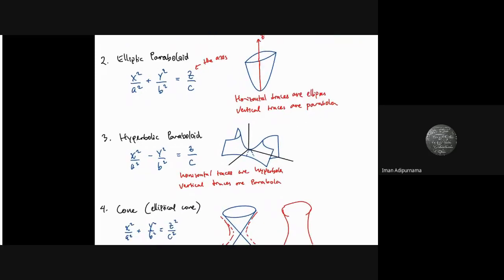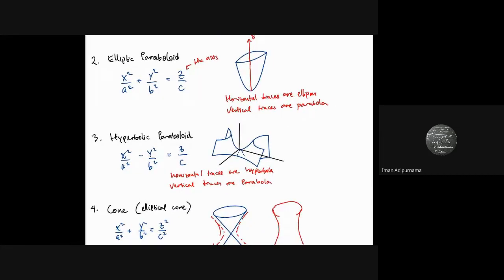The third one, the complex one for the shape, starts with the shape of a hyperbola, positive x squared minus y squared, and equaling z. And again, this z becomes the axis. You will see that this is the hyperbola.